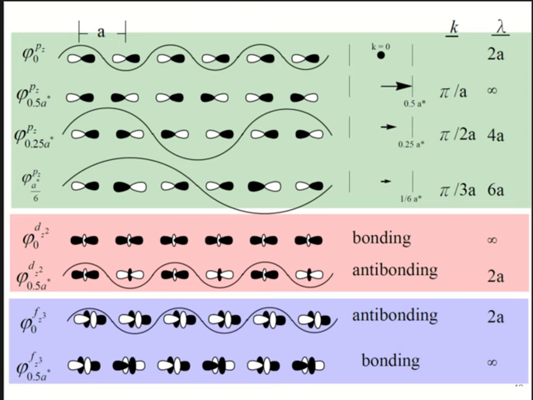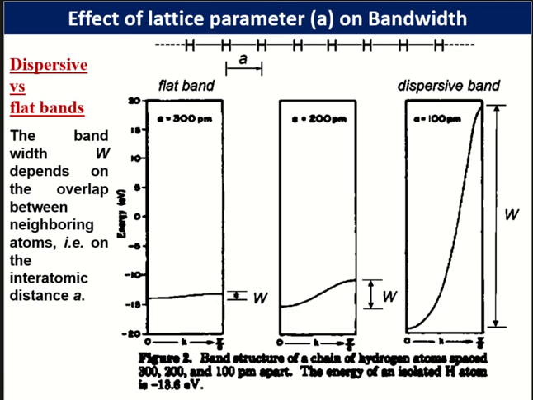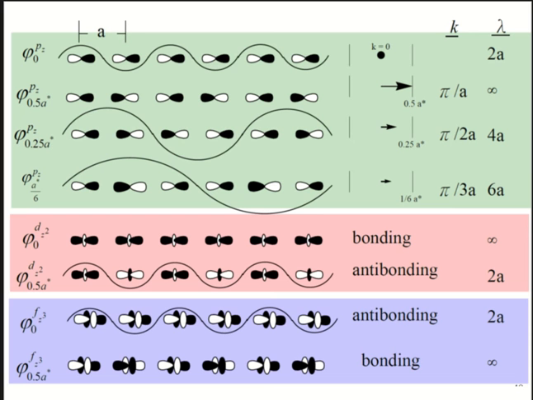I also told you that in the same way we have done for s orbitals, we can combine p orbitals, and in that case you can again construct the orbitals.